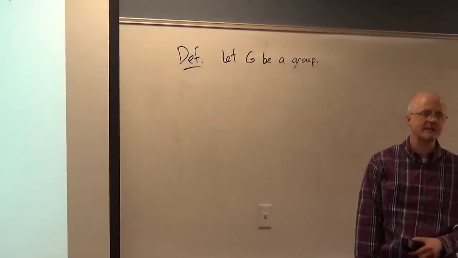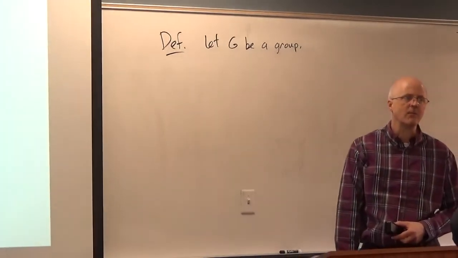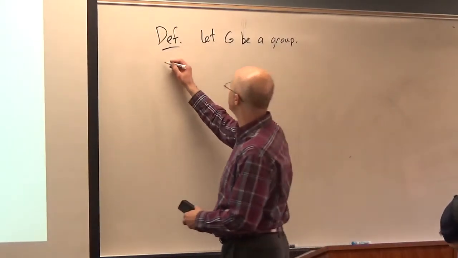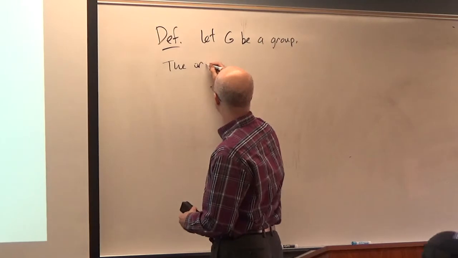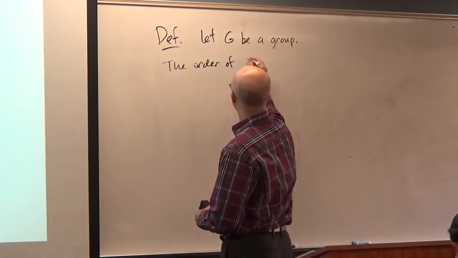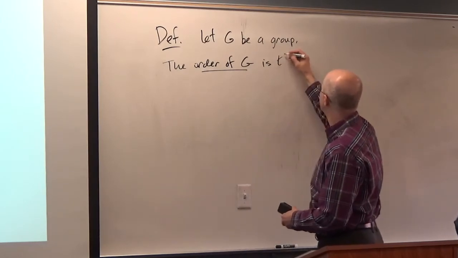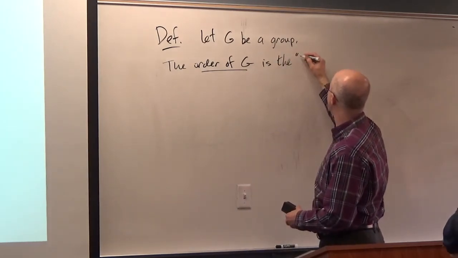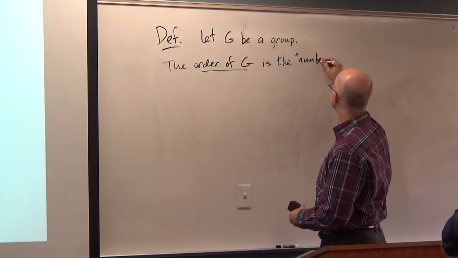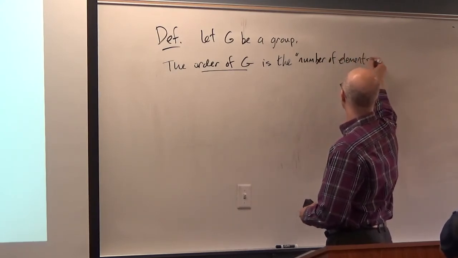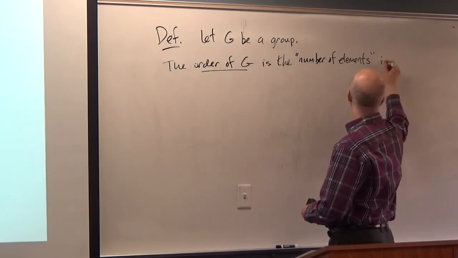Loosely speaking, you could say the number of elements of G is the order of G. Or I'll say it this way, the order of G is the number of elements, I'll put number of elements in quotes, in G.